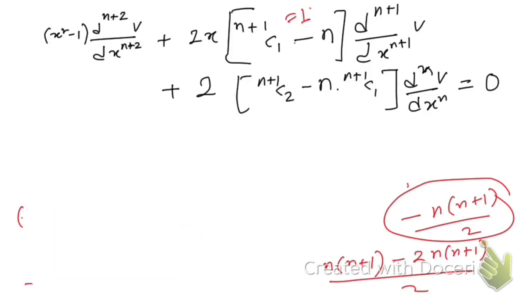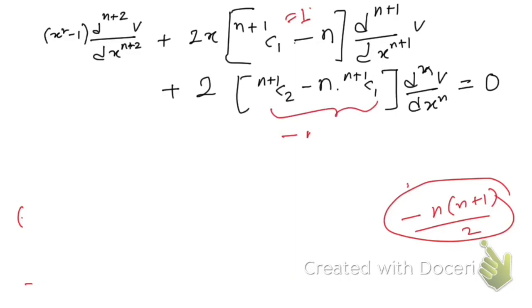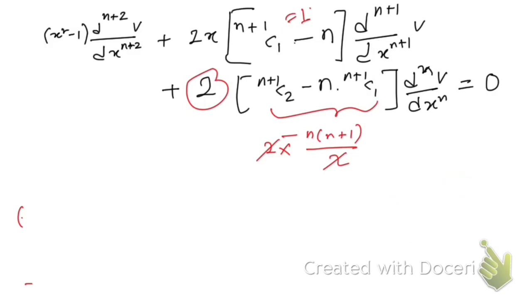So now you see, this part is equal to minus n into n plus 1 divided by 2. If you multiply these two here, these two cancel, right? So hope you have understood this. And then we're going to end up getting x square minus 1 into the derivative of v, what is the order of derivative, n plus 2, right?